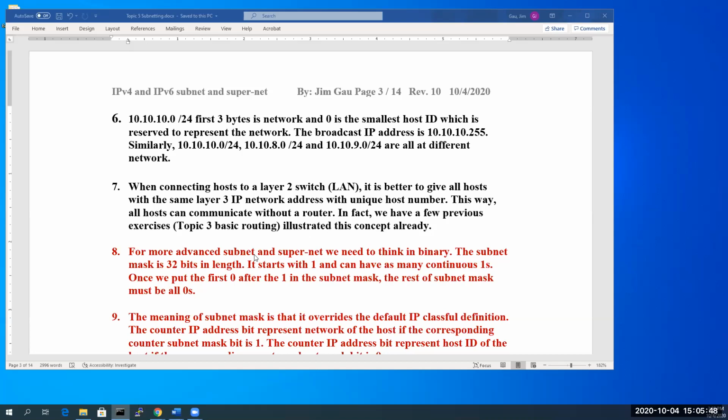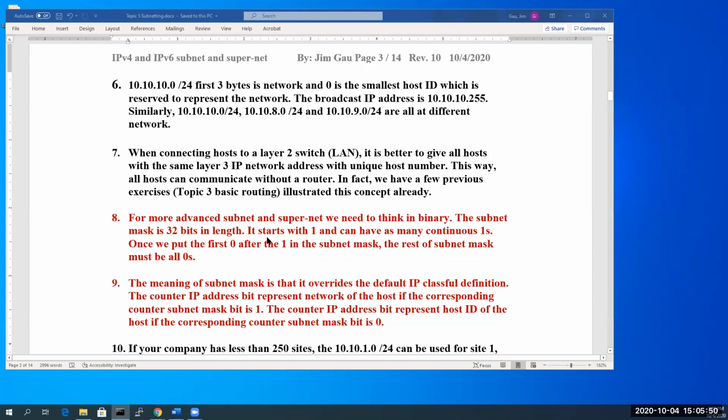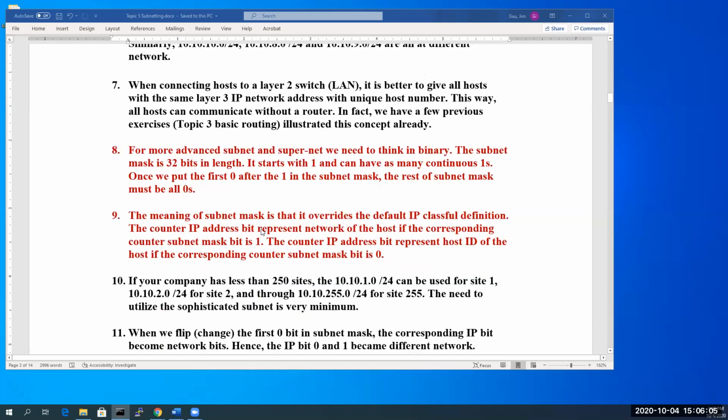Okay. For more advanced subnetting and supernetting, we need to think in binary. All right. So the subnet mask is 32 bits in length. All right. And by the way, before I go into any further discussion, I would like to talk about number 10 here first.